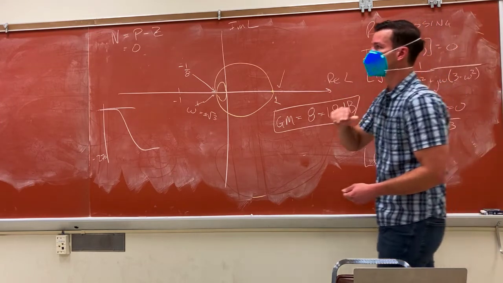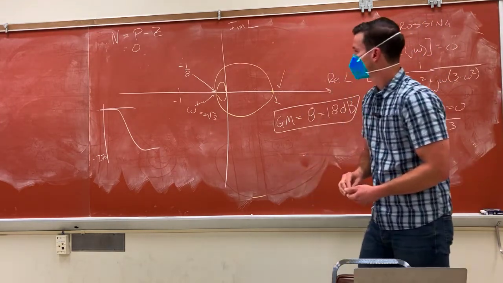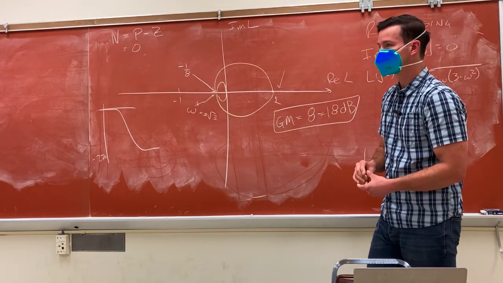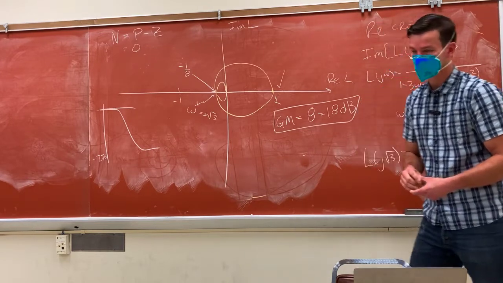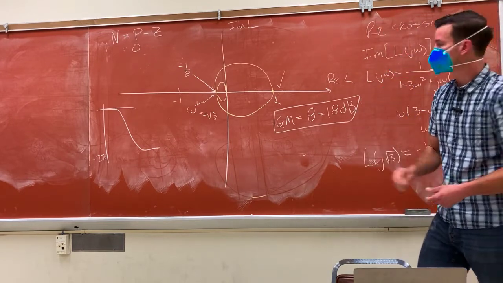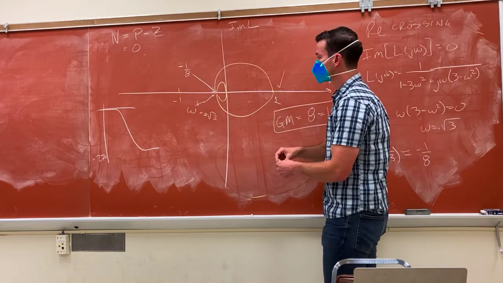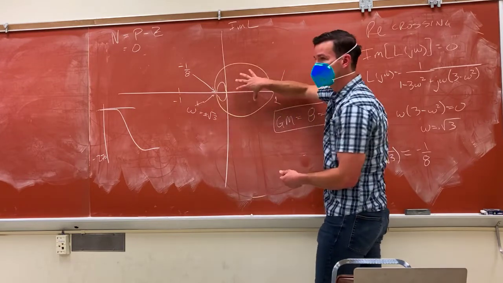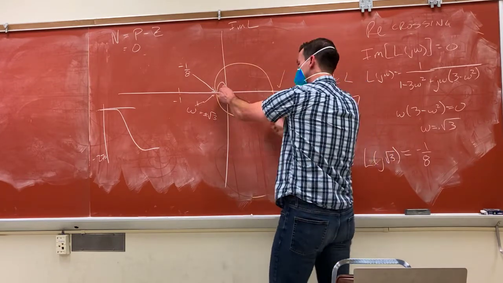When k is equal to 1, what's our phase margin? 180. It's got to be 180, because this only gets smaller. So the only way that we'll get a crossing here, if I keep this picture, is if I rotate this entire thing over.